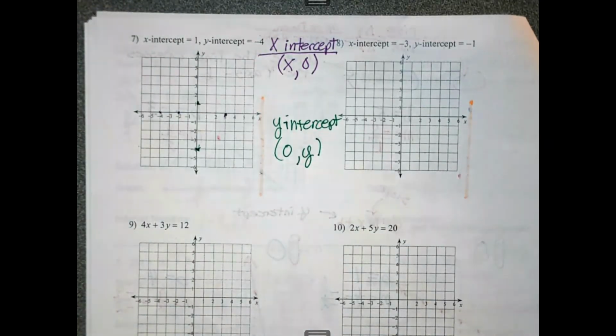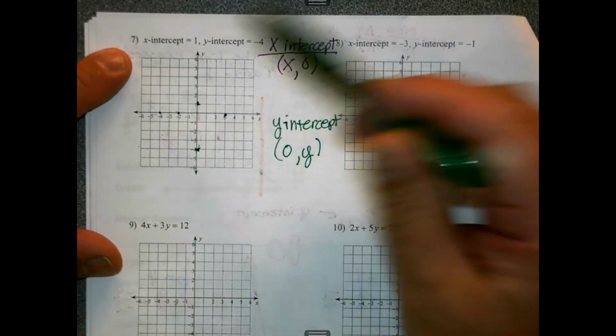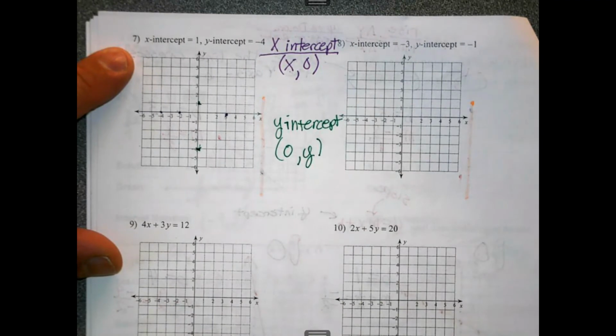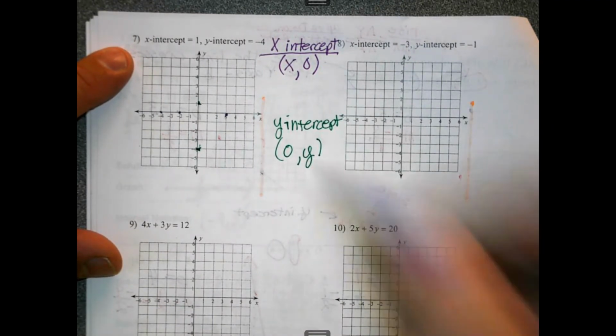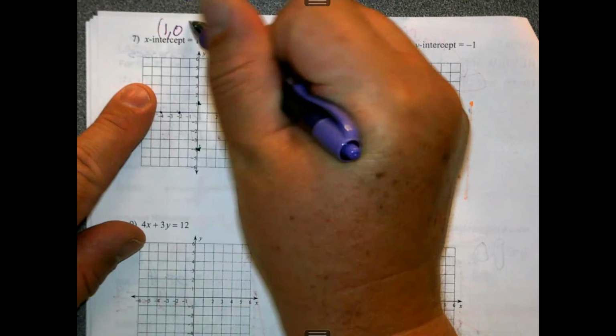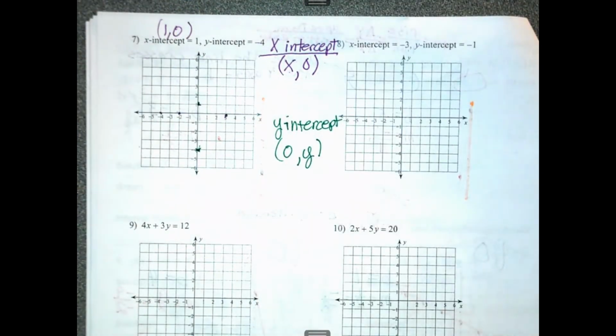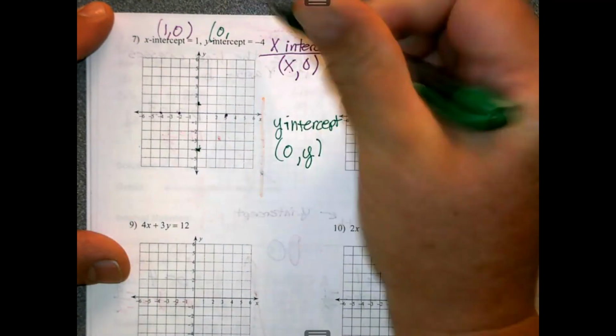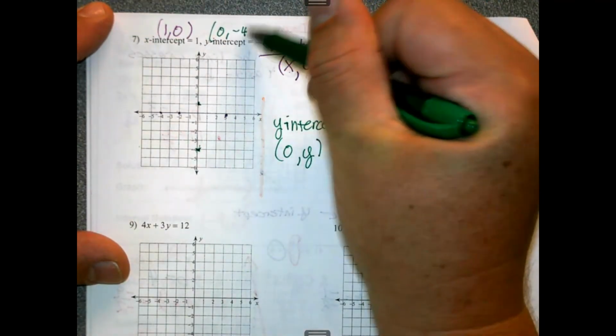Okay. All right. So in 7 and 8, they actually tell us what the intercept is. So the x-intercept is going to be my x is 1, and of course my y is going to be 0. For the y-intercept, x is always 0. My y is going to be -4.